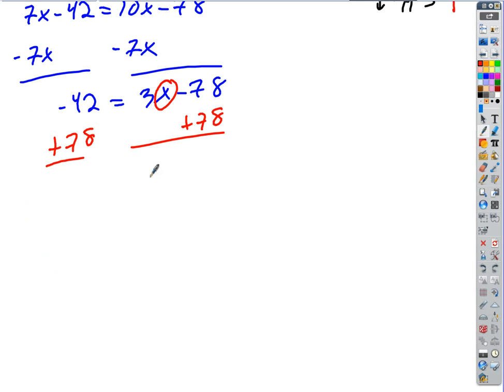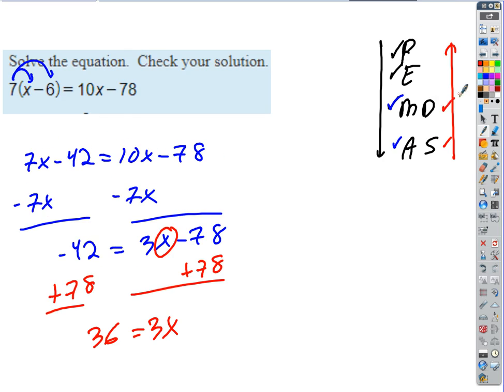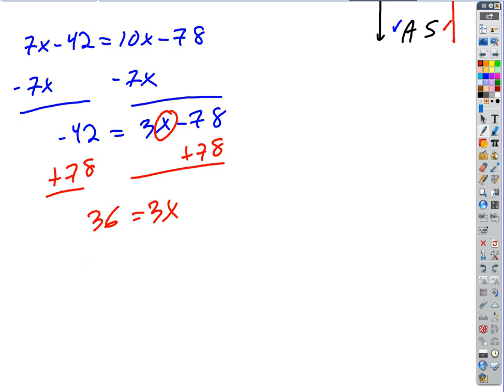So the 78's cancel, and I get 3x equals 36. And then the last step you told me was divide by 3. How come? Because that's the next step when we reverse order of operations. Divide by 3 and get x equals 12.